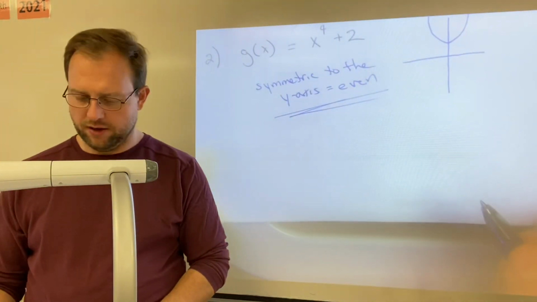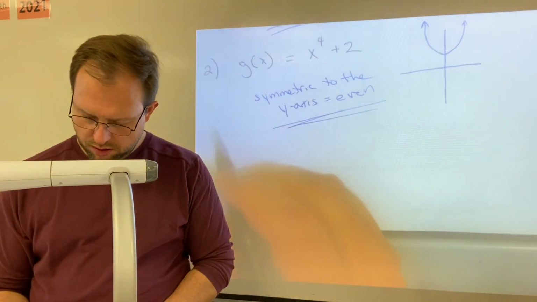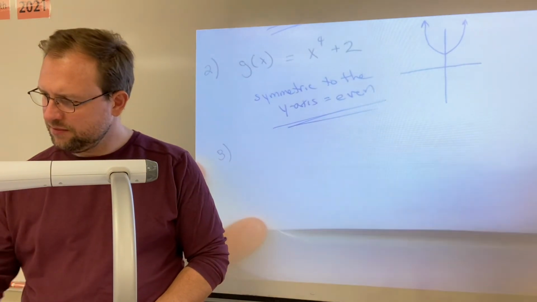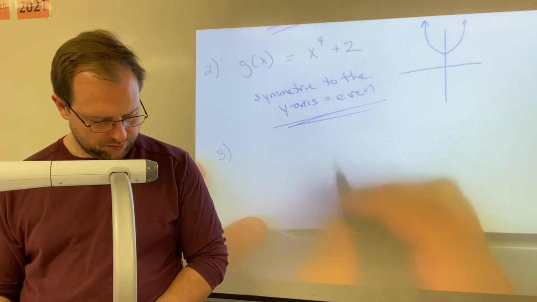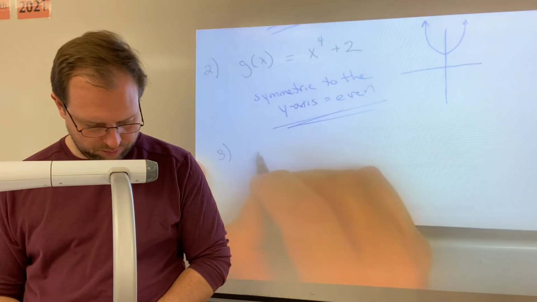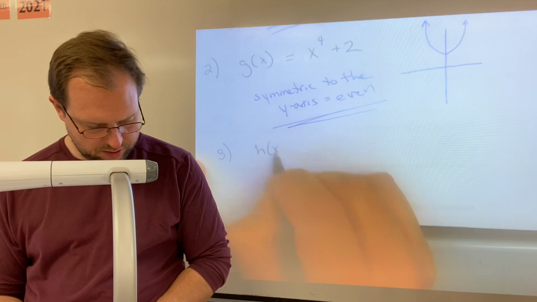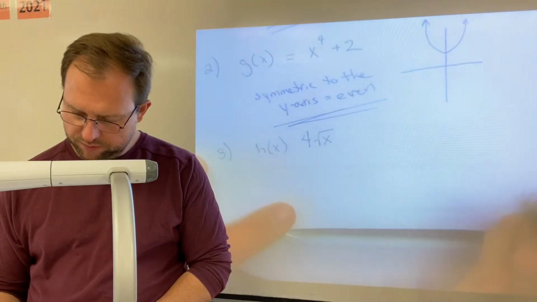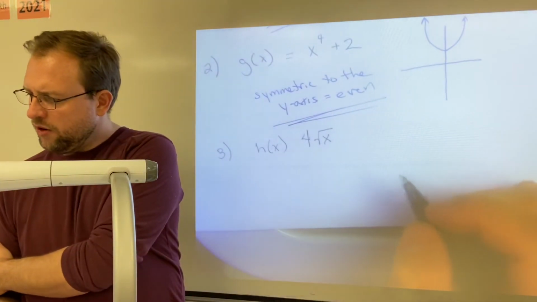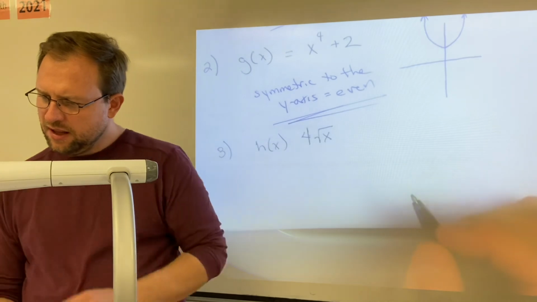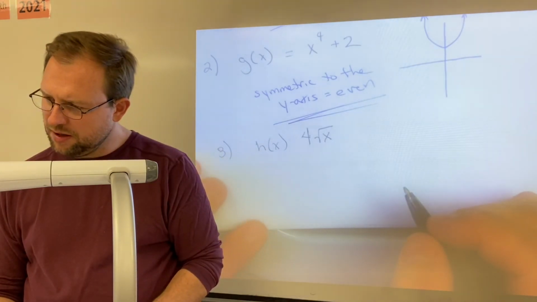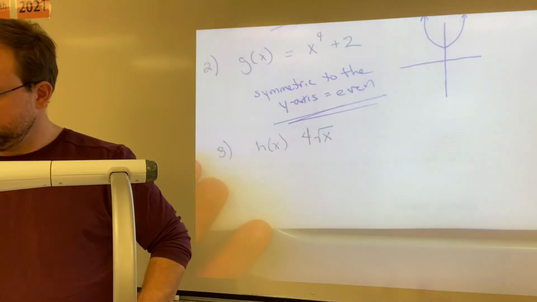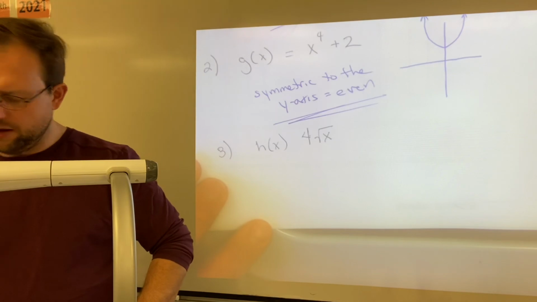And our third and final graph, if we have h of x equals the 4th root of x, we are going to find that we end up with, let's see, there it is.